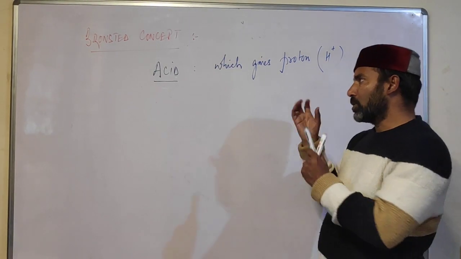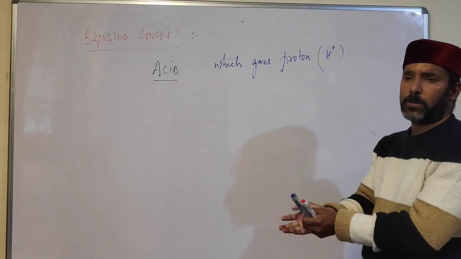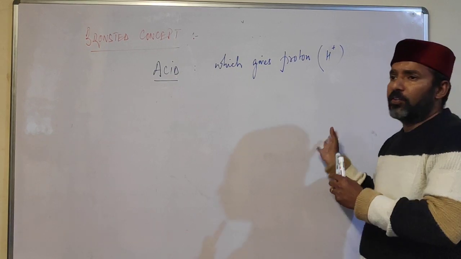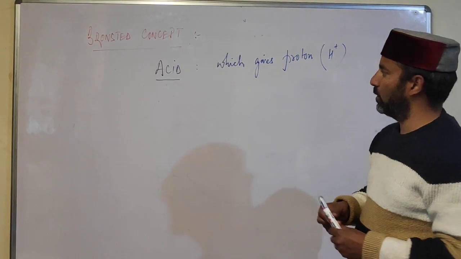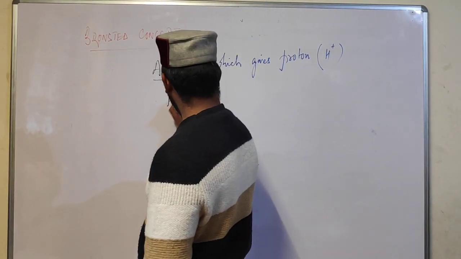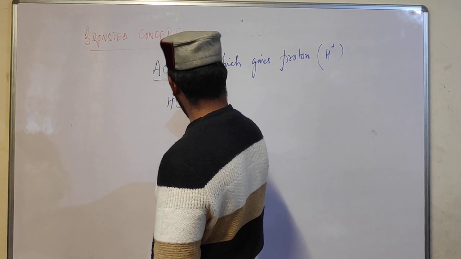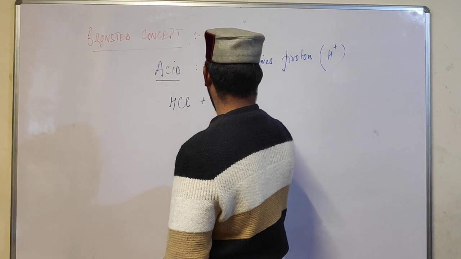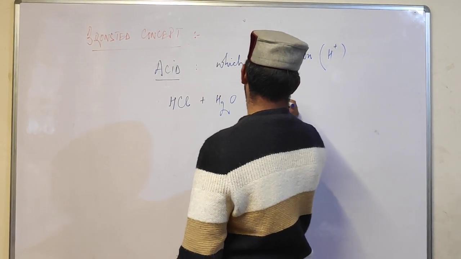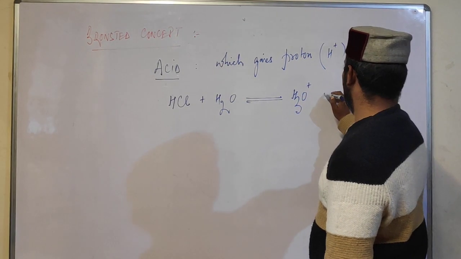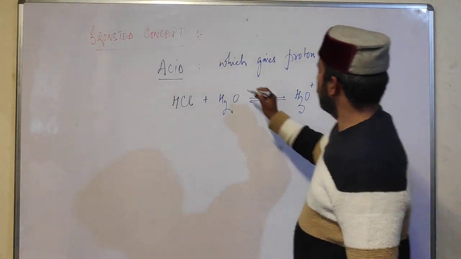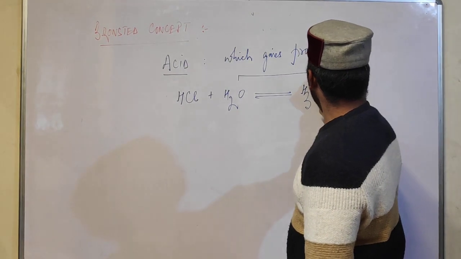मतलब ब्रॉन्स्टेड कॉन्सेप्ट के हिसाब से कोई भी सब्सटेंस जो प्रोटॉन दे सकता है, चाहे फिर मीडियम कोई भी हो, is called an acid, Bronsted acid. Like I'm giving you example, again HCl, water में आयनाइज करता है, and now students see this, water becomes hydronium ion.